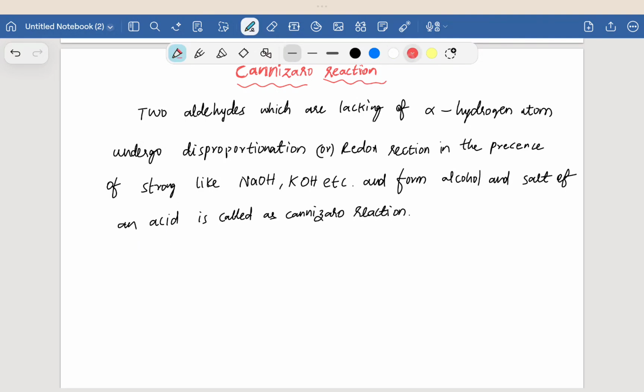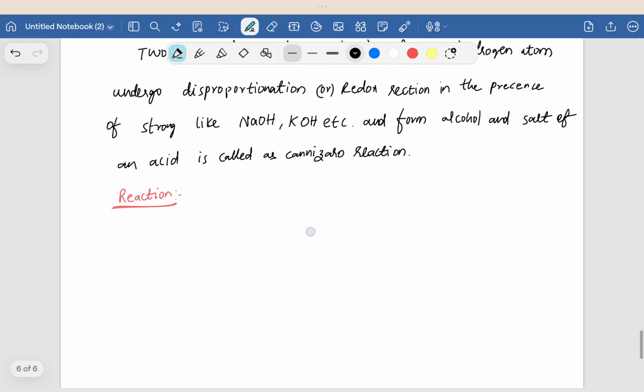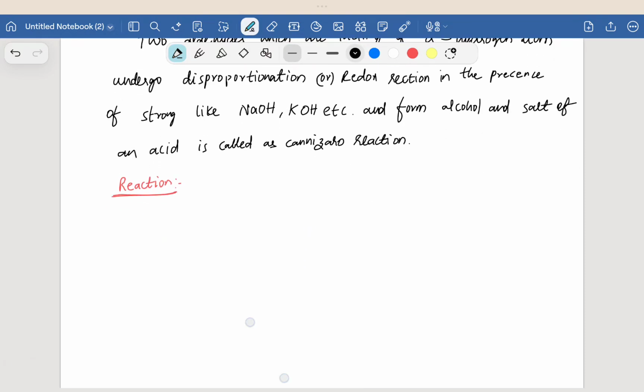So if we see the reaction, as I told you, two aldehydes which should not have alpha hydrogen.